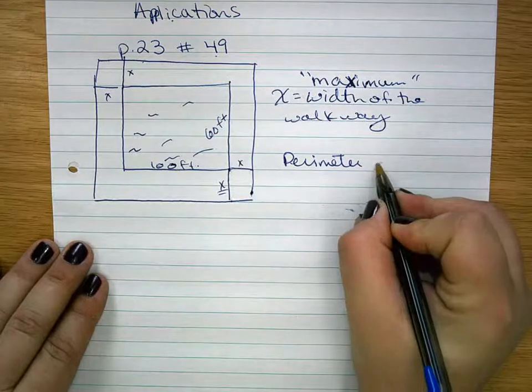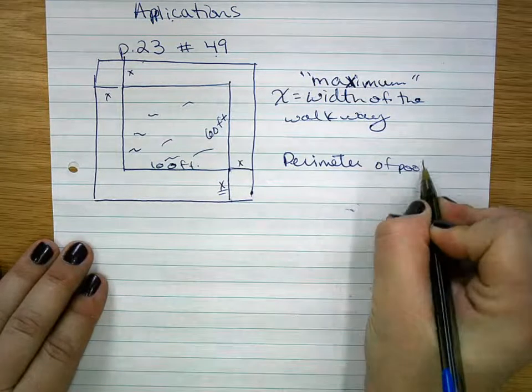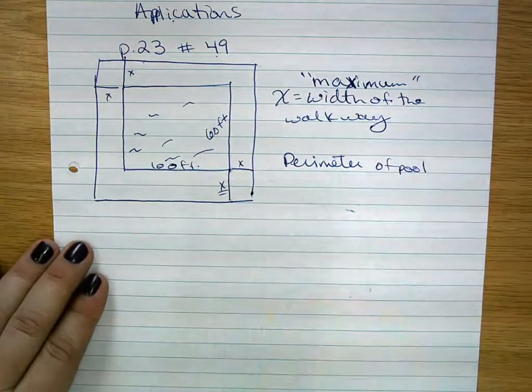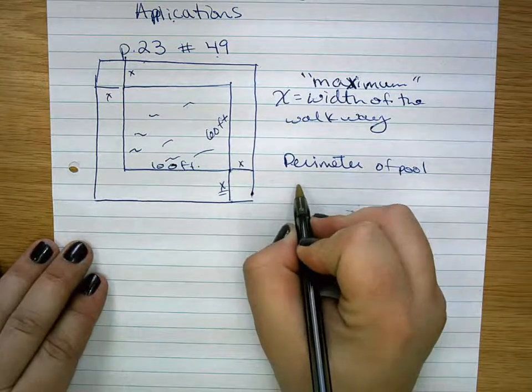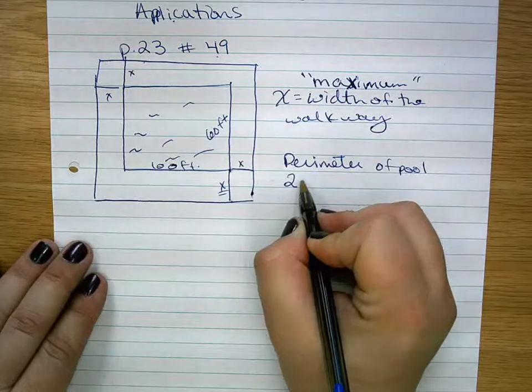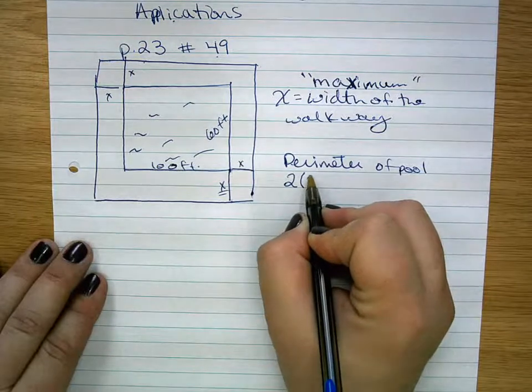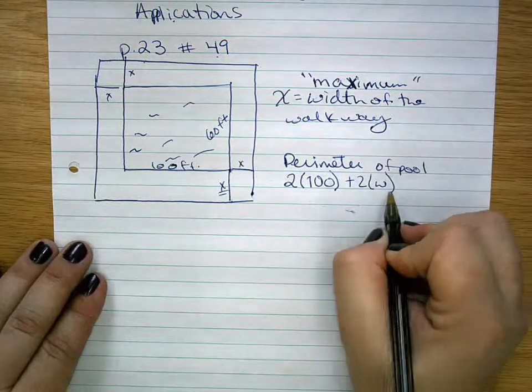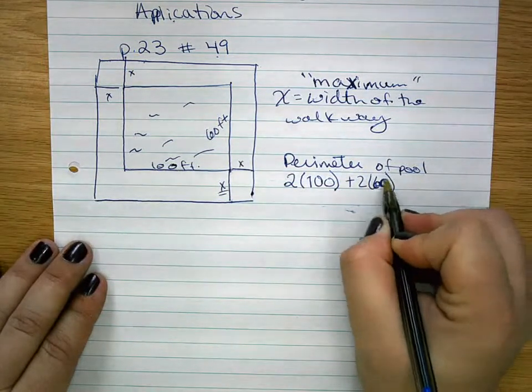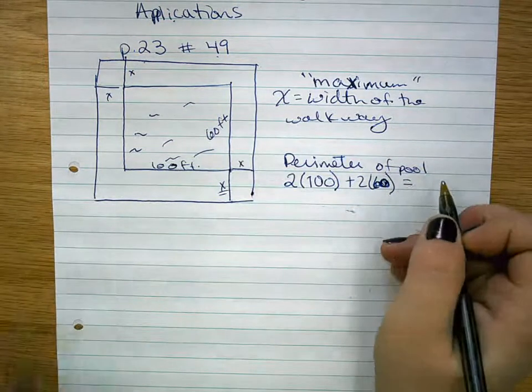But I'm just going to look at the perimeter of the pool to see if I can get some more understanding about this problem. So the perimeter of the pool, remember, if you're taking perimeter, you're going to take twice the length, twice the width, and then find that value.